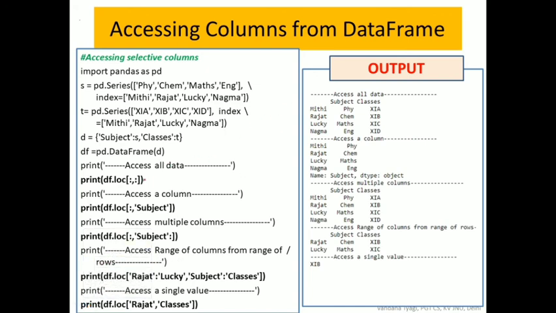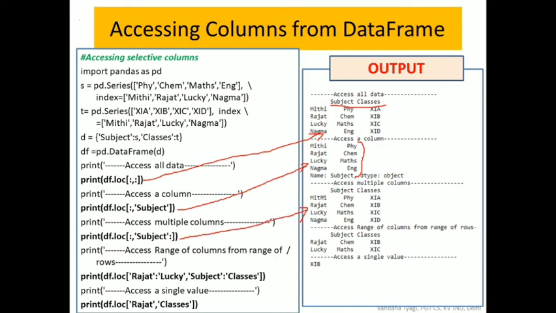See, this is displaying me the complete data frame. This is LOC colon subject. So all the rows but only the subject column. So there are 2 columns in my data frame, subject and classes, but here I will only find 1 column, subject. Then this is all the rows from subject onwards all the columns. So we are having only 2 columns here.